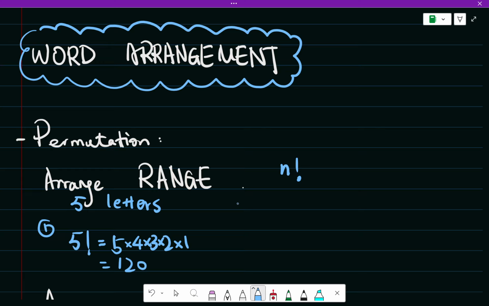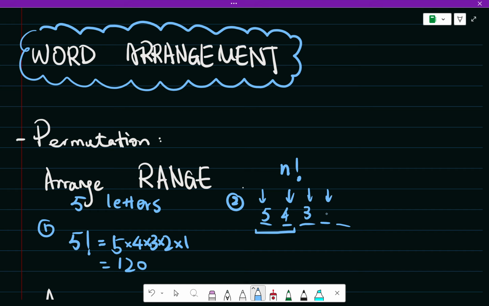And the second way to understand this would be if we have 5 letters, rearranging all of these letters into a 5-letter word. So we're using all of them. So if you have a 5-letter word, the first position, we have 5 possibilities. We have 5 different letters to choose from in RANGE. And the second position, because we have already chosen 1 letter for the first position, we will only have 4 letters left for the second position. And for the third position, we will have 3 letters left because we have already chosen 2 letters to place into the first 2 positions.